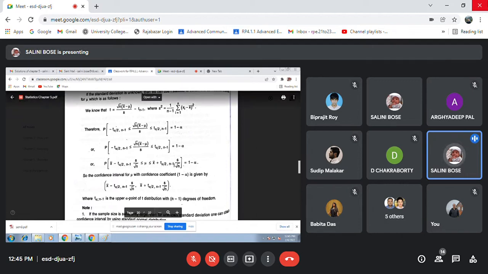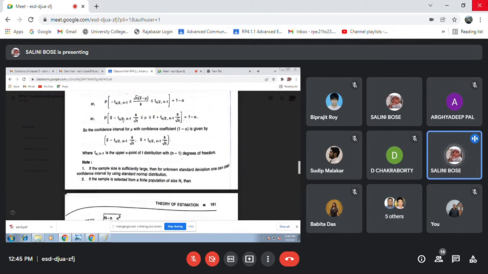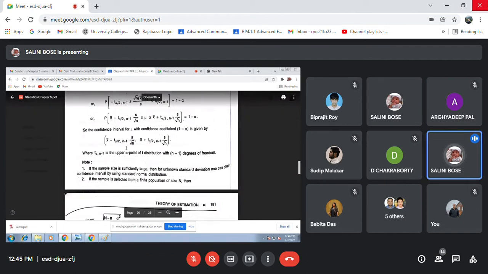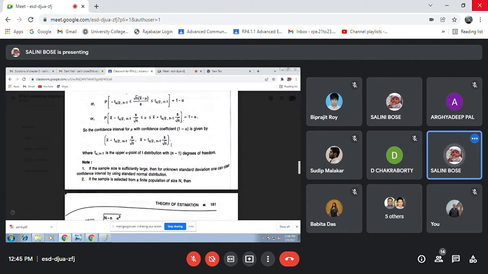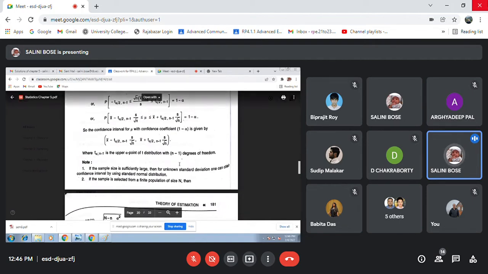This is the interval. These are all for 100(1 minus alpha) percent confidence. That is why this is equal to 1 minus alpha. So the two limits are this and this. And obviously, I already told you this n minus 1 is nothing but the degrees of freedom for the T distribution.